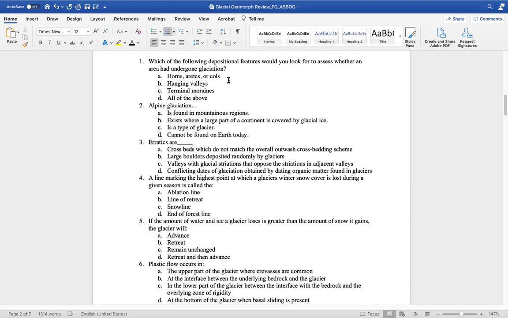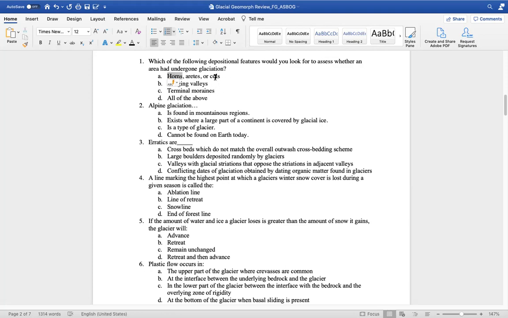While all of these may be associated with glaciation, I have to be more careful. That's something I definitely would do, just say, oh yes, all of these are glacial related. They're going to tell you there definitely was glaciation going on in the past. While that may be true, we're looking at depositional features.